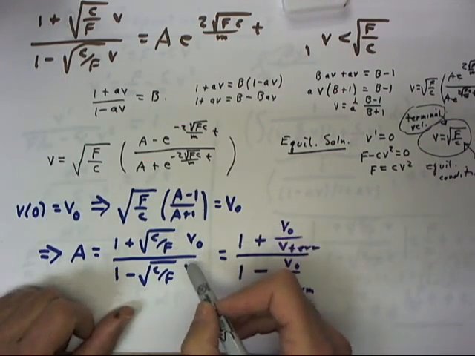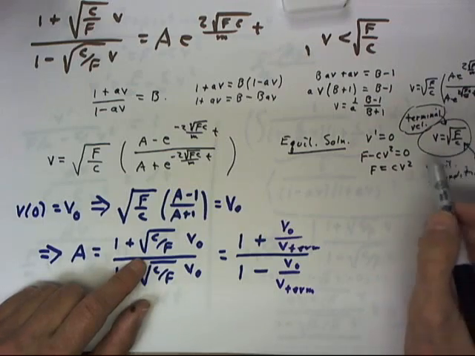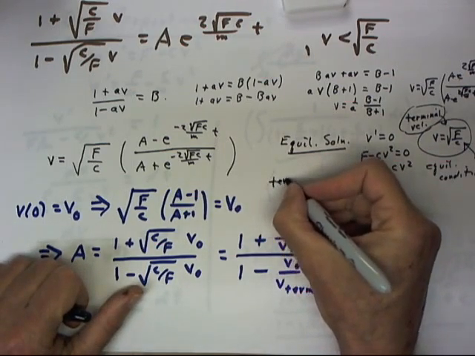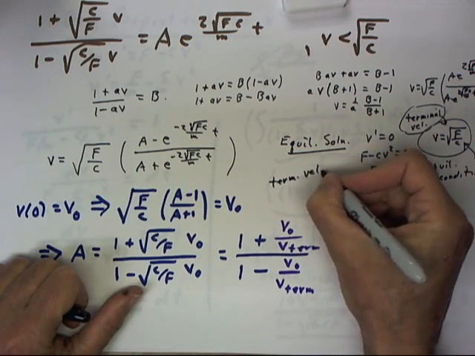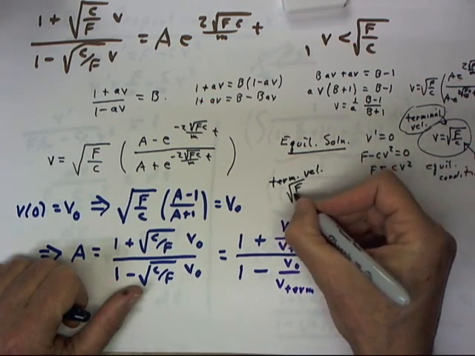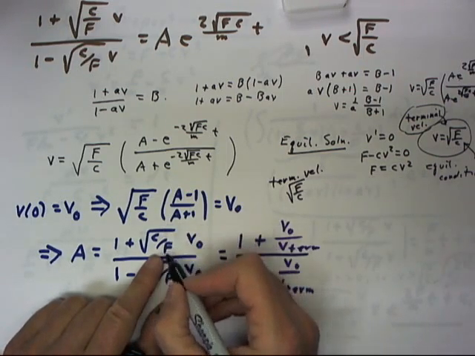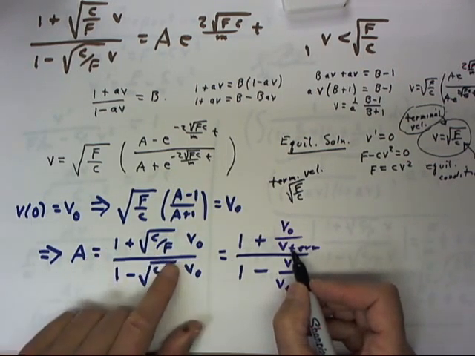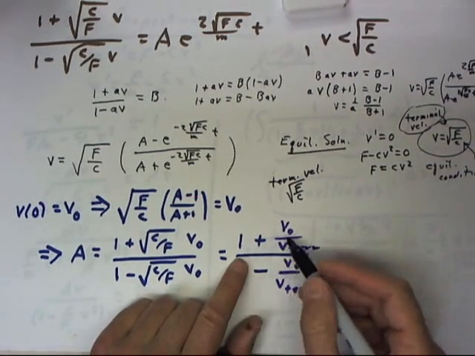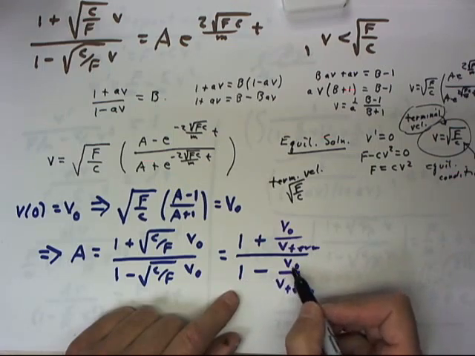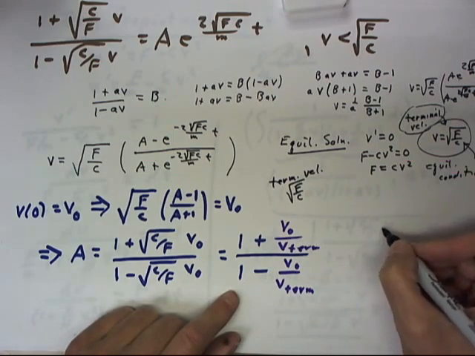becomes, if we keep in mind that our terminal velocity is the square root of F over c, then the square root of c over F is the reciprocal of the terminal velocity, and our solution for A becomes 1 plus V naught over terminal velocity divided by 1 minus V naught over terminal velocity.